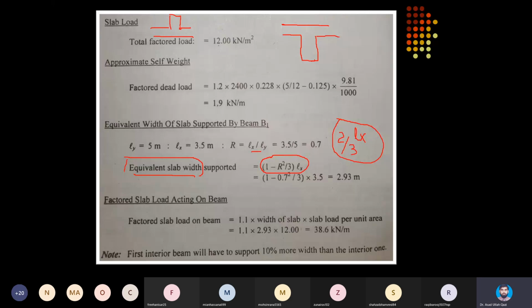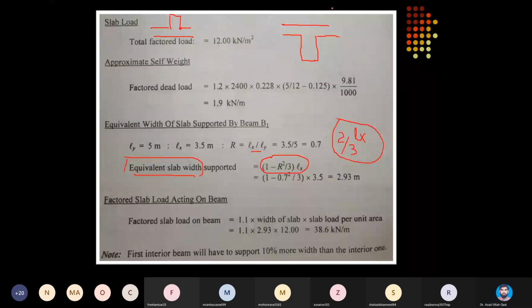This is not very common in commercial or residential buildings. However, in industrial buildings, for long spans on roof slabs, these inverted T-beams are commonly used.